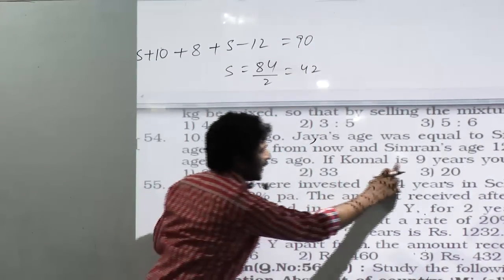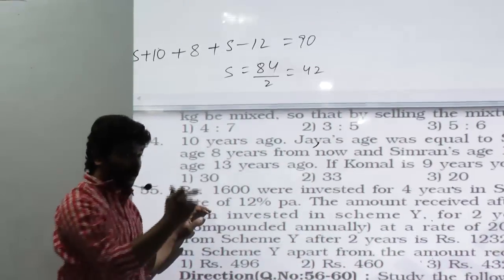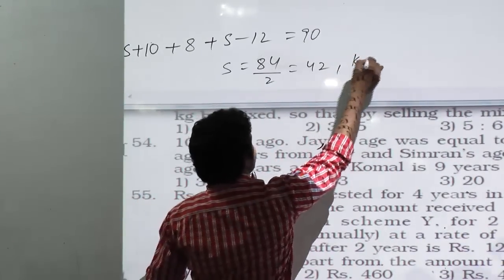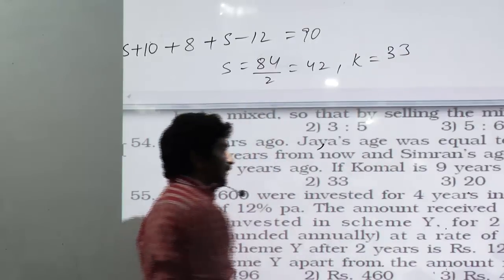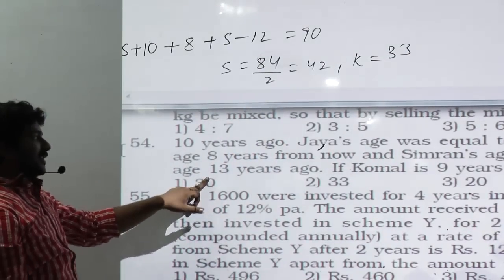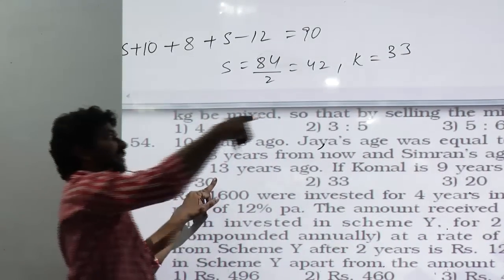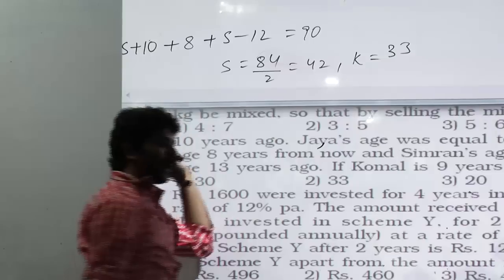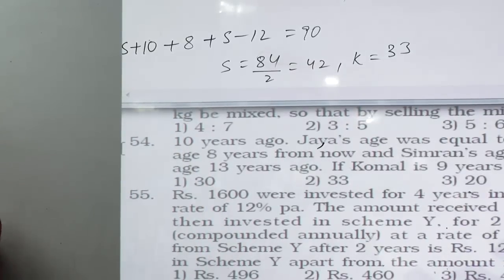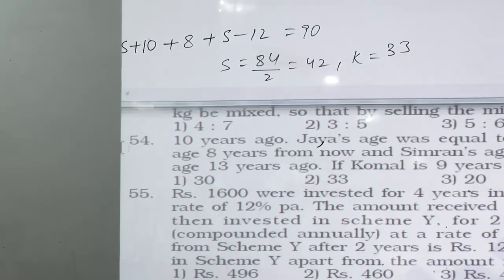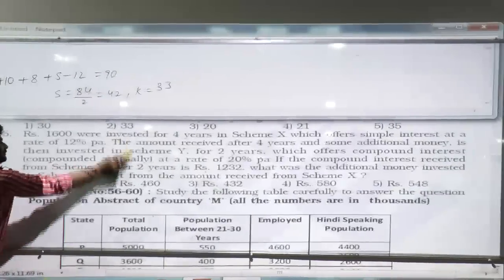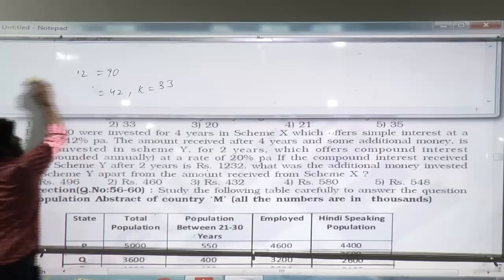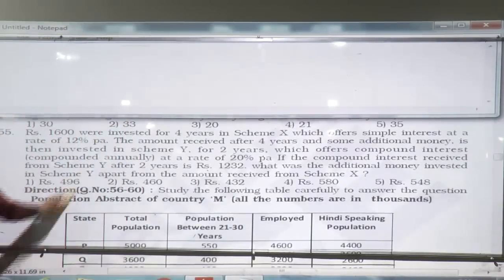And Komal is 9 years younger than Simran, so Komal's age must be 42 minus 9, which is 33. You asked about Komal's age 13 years back. The present age of Komal is 33, 13 years back, 20. Right, the answer is 20.